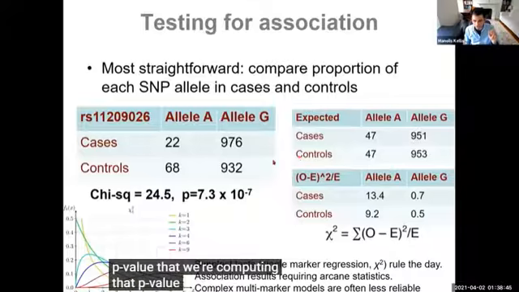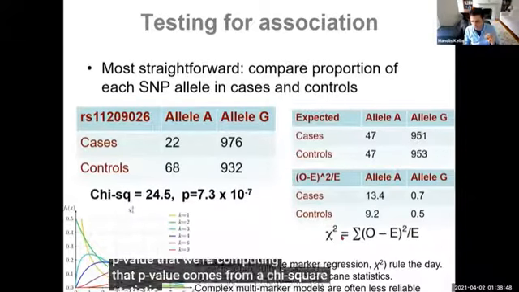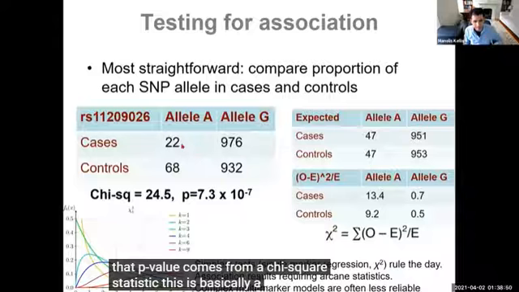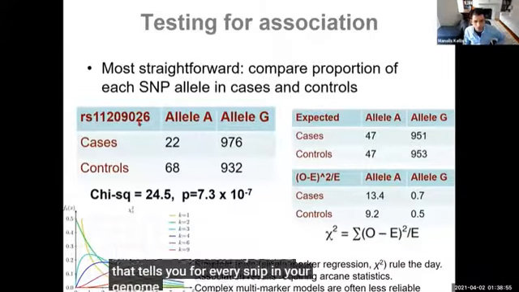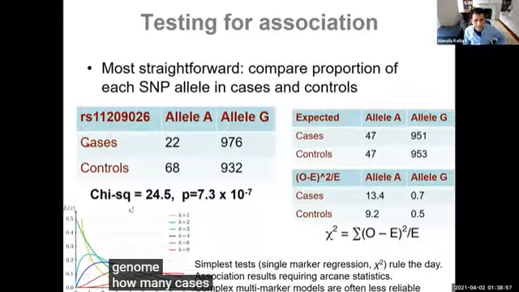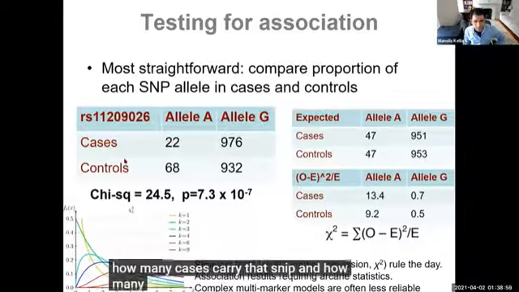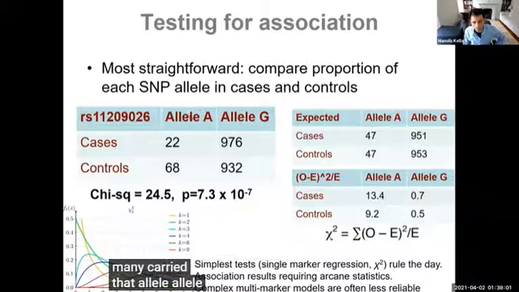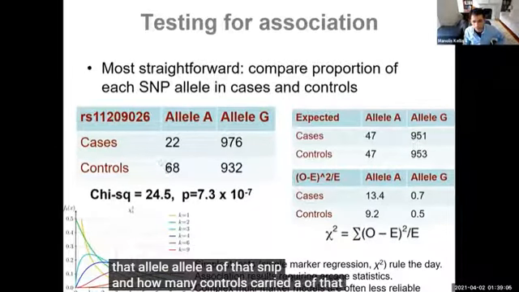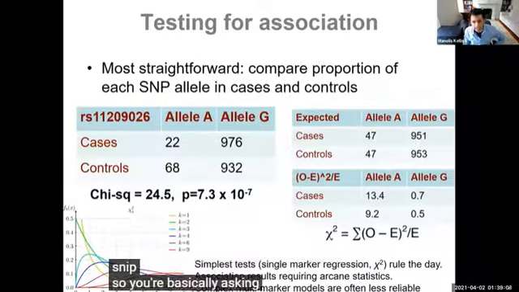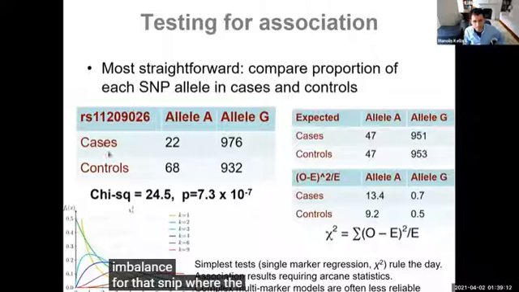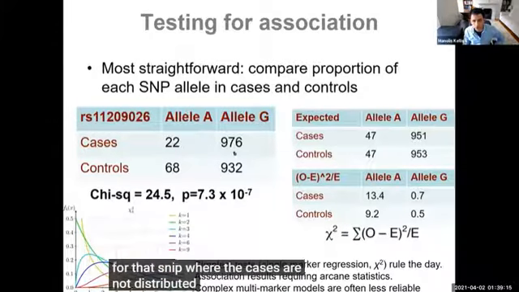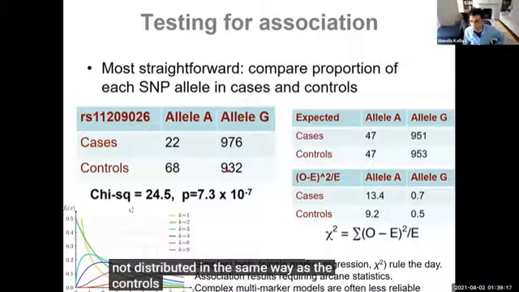That p-value comes from a chi-square statistic. This is basically a table that tells you for every SNP in your genome, how many cases carried allele A of that SNP, and how many controls carried allele A of that SNP. So you're basically asking if there's an imbalance for that SNP, where the cases are not distributed in the same way as the controls.